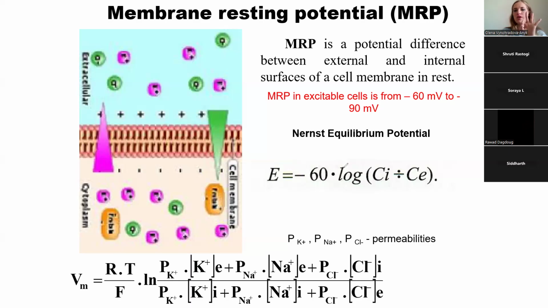Three main ions we have: sodium, potassium, and chlorine. For a theoretical calculation of membrane rest potential, we can use the Nernst equilibrium potential formula. This formula calculates using -60 and the logarithm of the concentration of an ion, internal and external.